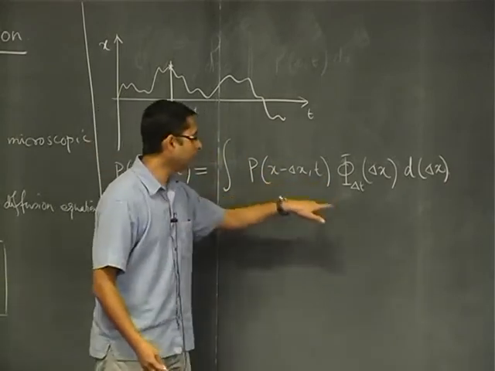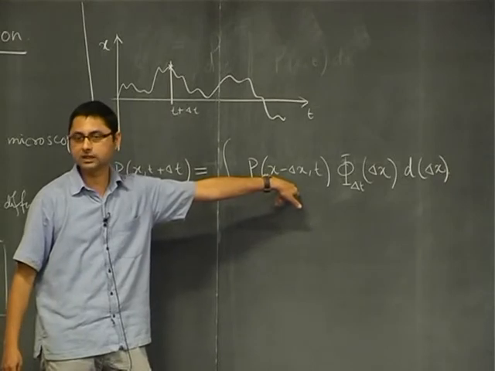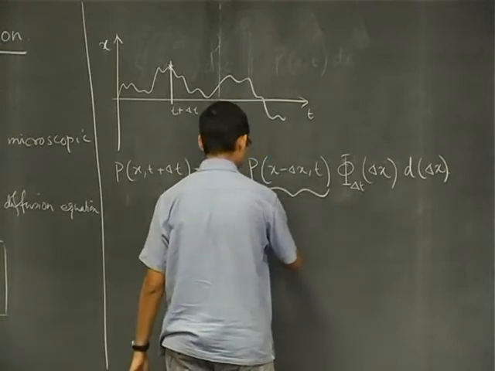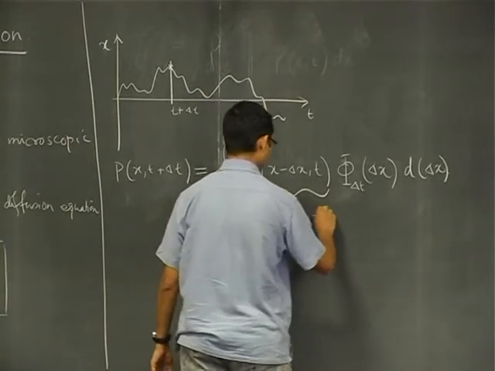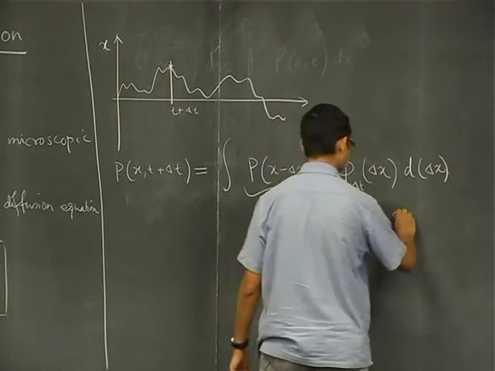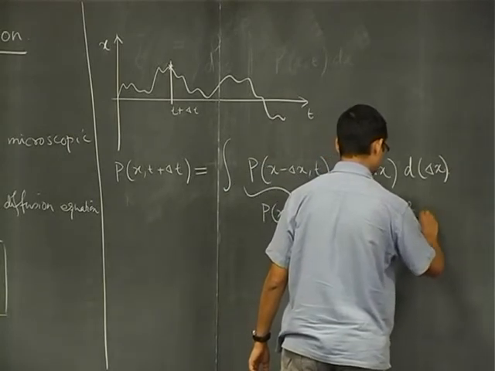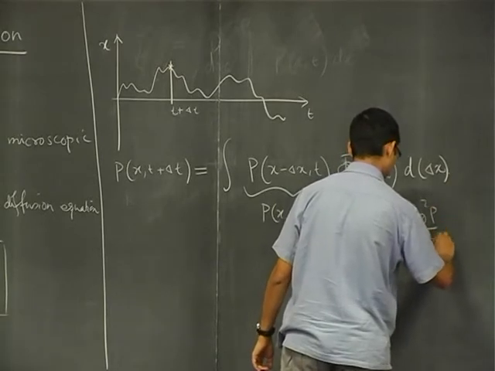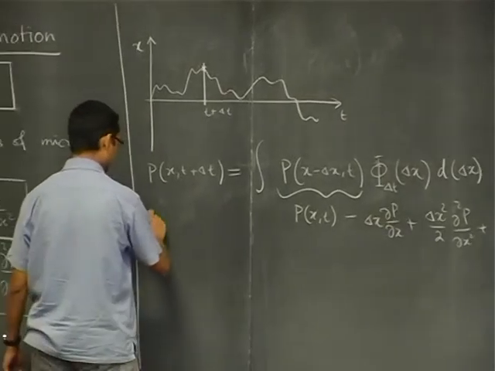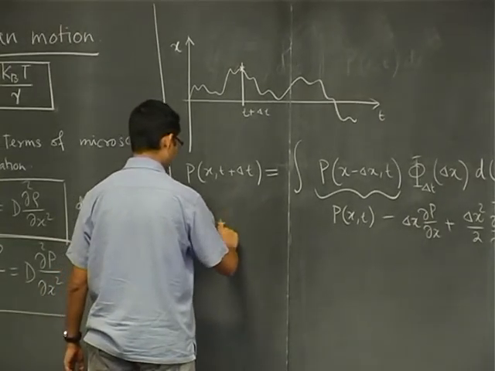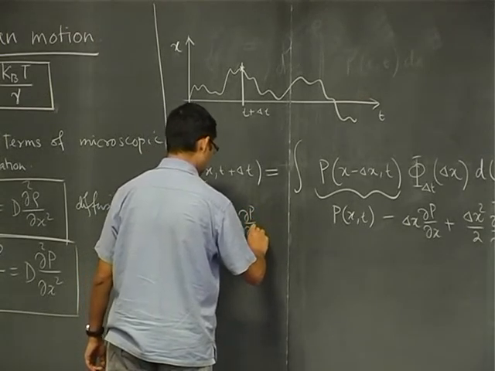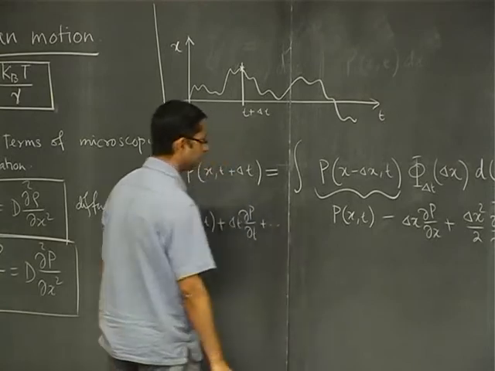So now what I will do, I will just do the same thing I did yesterday. I will just expand in Taylor series, right. So what is the Taylor series of this? This is P of x,t minus delta x del P del x plus delta x square by 2 del 2 P del x square, and so on. And this also I will just expand in Taylor series, P of x, t plus delta t del P del t plus so on.